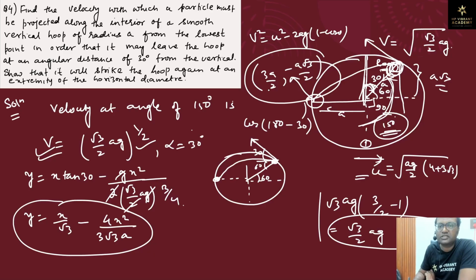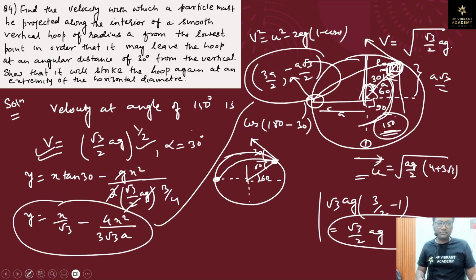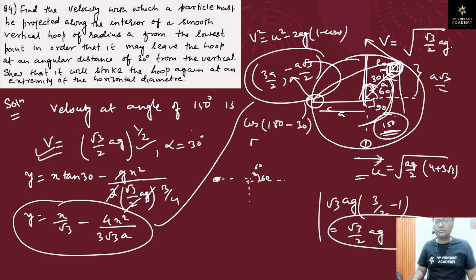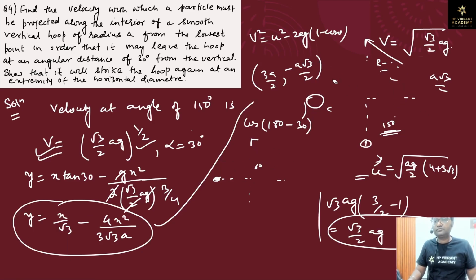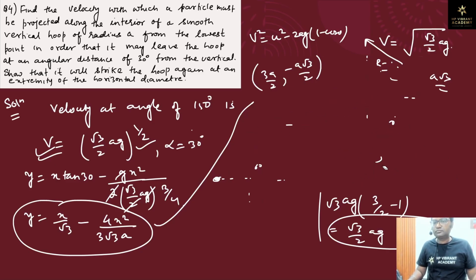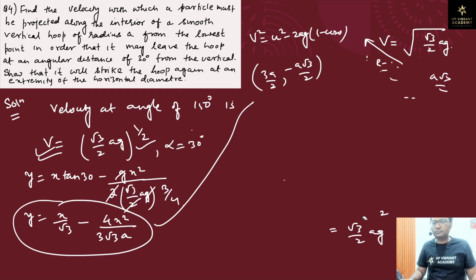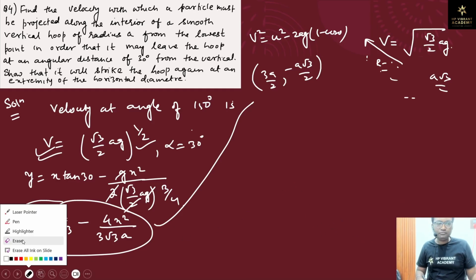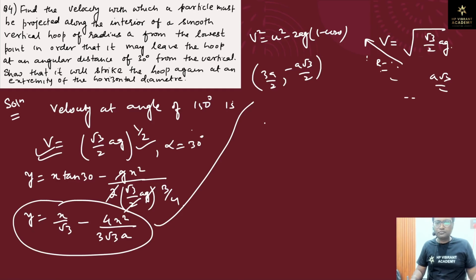This coordinate must satisfy this equation of trajectory. So let us show this. Let us put x is equal to 3a upon 2 in the equation of trajectory.